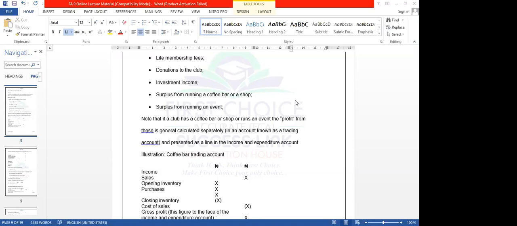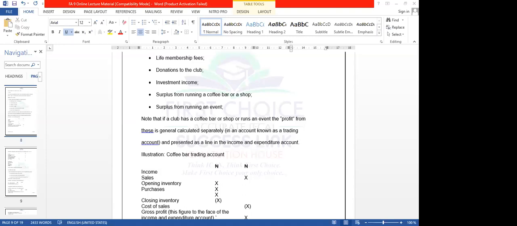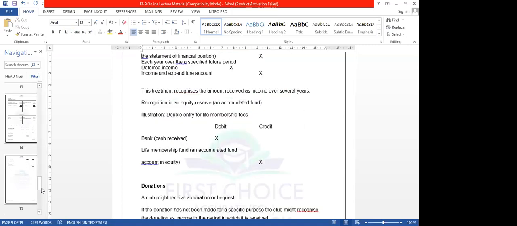My second question is, in the last class you said we can either use T format or we just do our calculations straight away. But I see that the T format is kind of detailed.